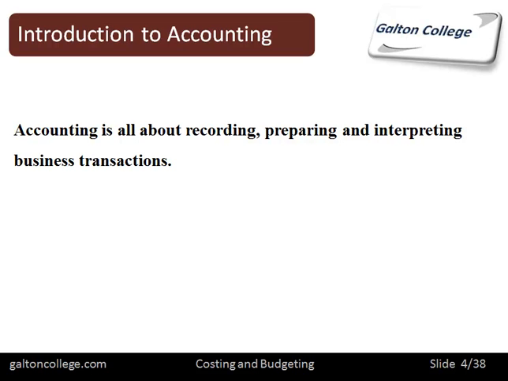Accounting is all about recording, preparing, and interpreting business transactions. That's what accountants do. They collect data and then process the data into information that can be used by management. So they collect the data, they process it, they prepare it, they interpret it, they explain it.